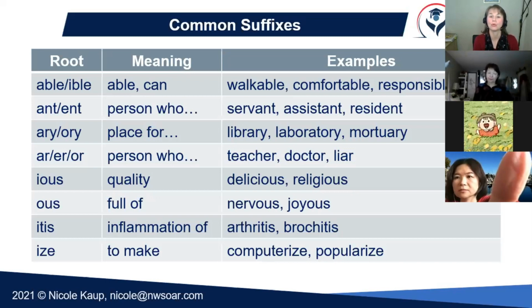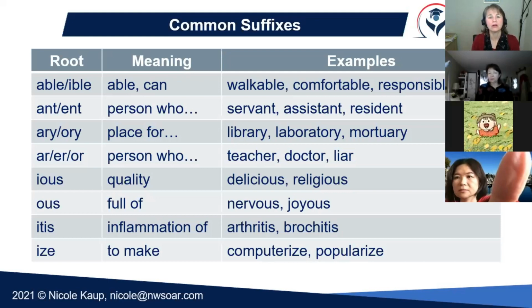So it's a place for work. Technically, it's a little bit more than that, right? We do scientific investigations in a lab. And mortuary, if you recognize mort, M-O-R-T, it refers to death. So mortuary is a place for dead people.